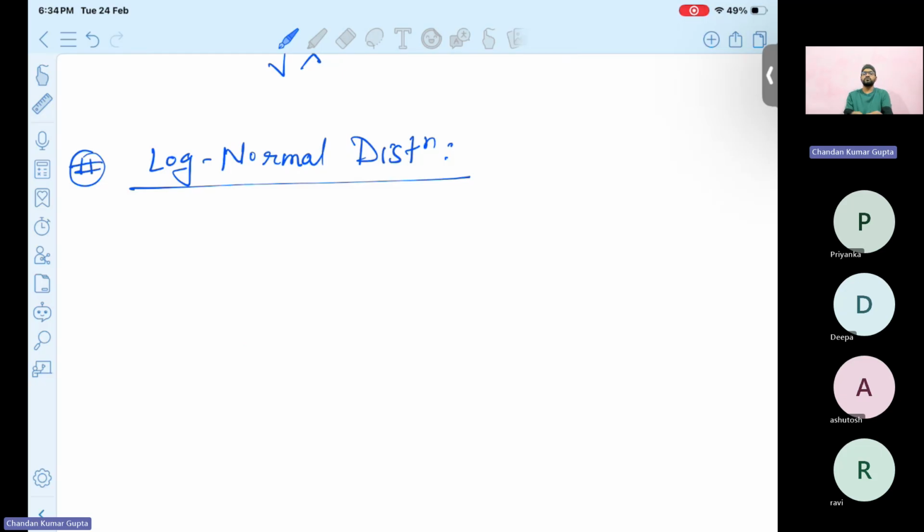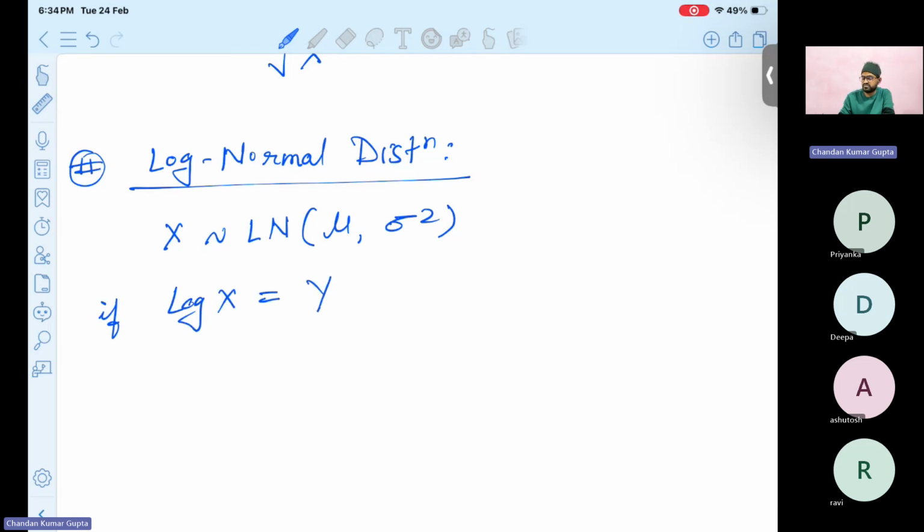It is derived from the normal distribution, and the definition is like this: if x is a random variable, it follows a log normal distribution with parameters mu and sigma square if log of x, you may call it y, follows a normal distribution with mean mu and variance sigma square.